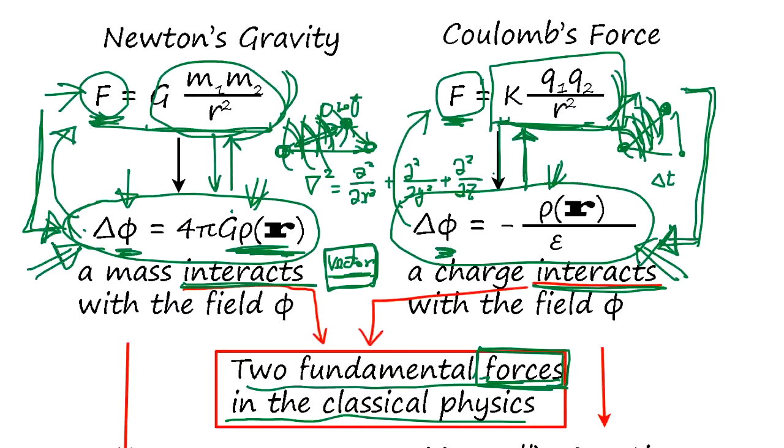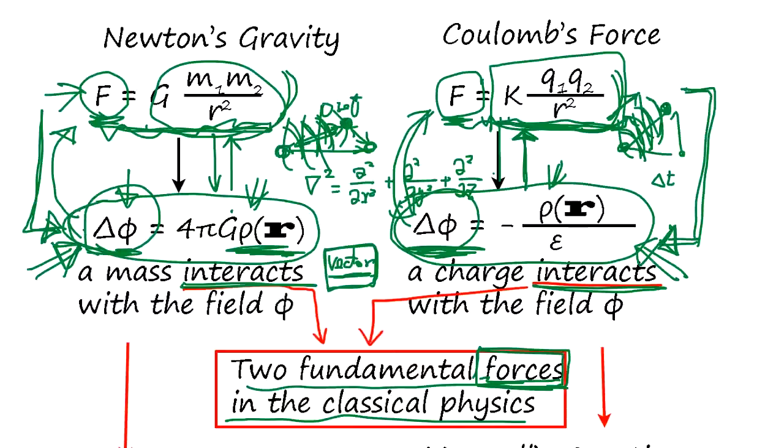If this field equation is correct, then it explains Newton's law or Coulomb's law. And if Newton's law and Coulomb's law are assumed to be fundamental, then we can deduce this field equation with a little bit of additional assumption.